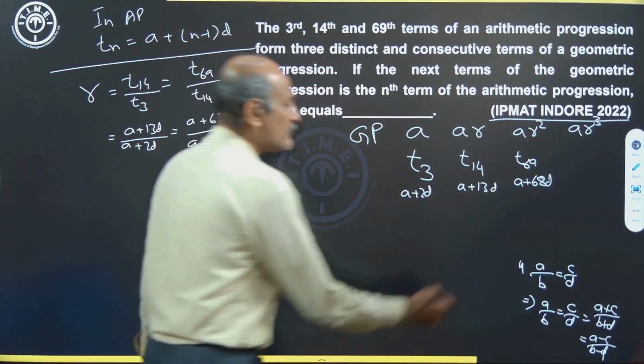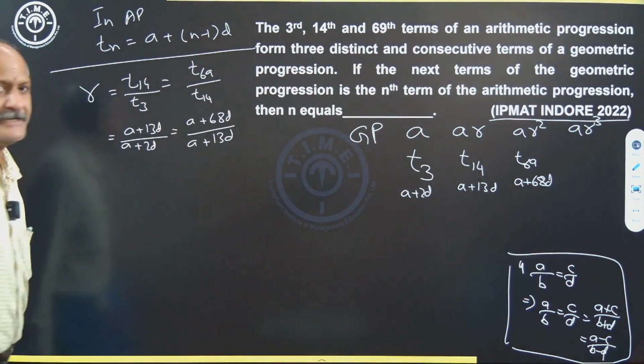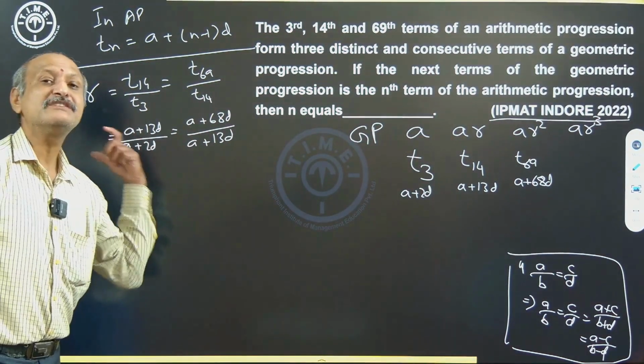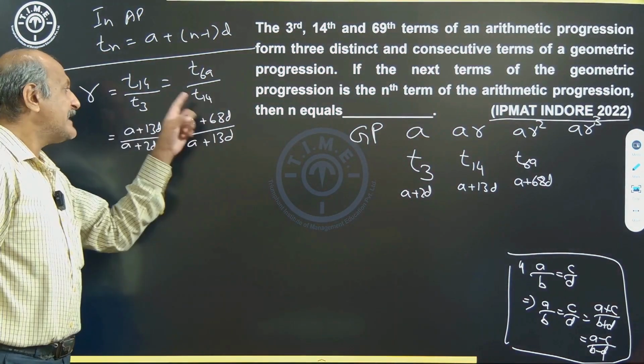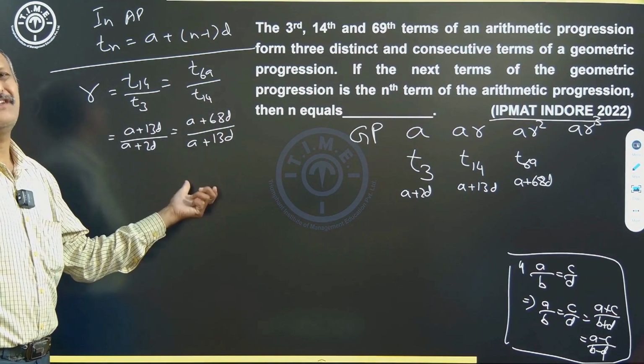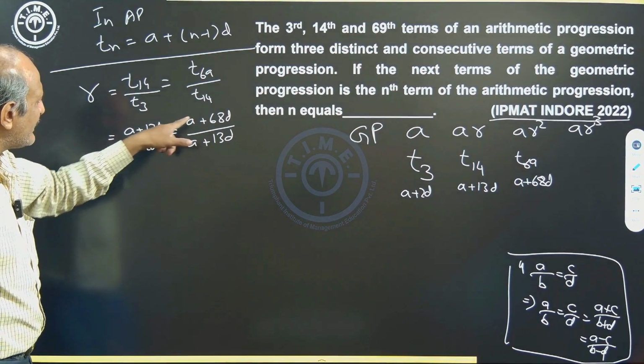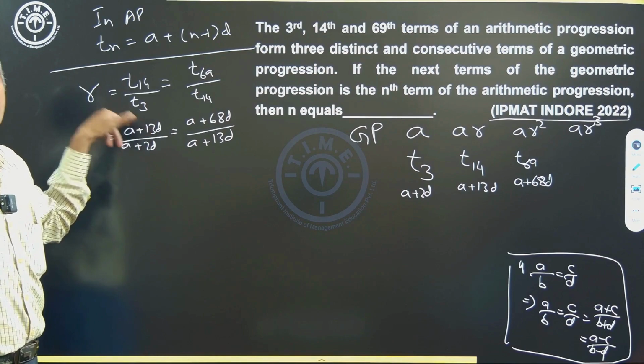This is the rule we know from algebra, and we are going to apply it here. When two fractions are equal, each is equal to the difference of numerators over the difference of denominators. Why do we take the difference? Because in calculating the difference, A gets cancelled.